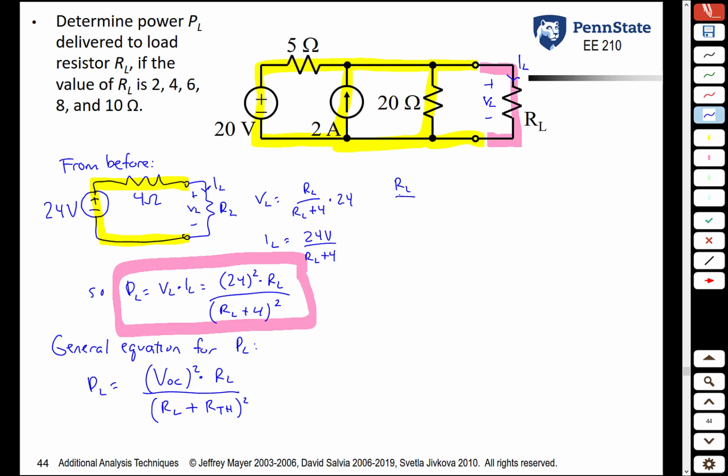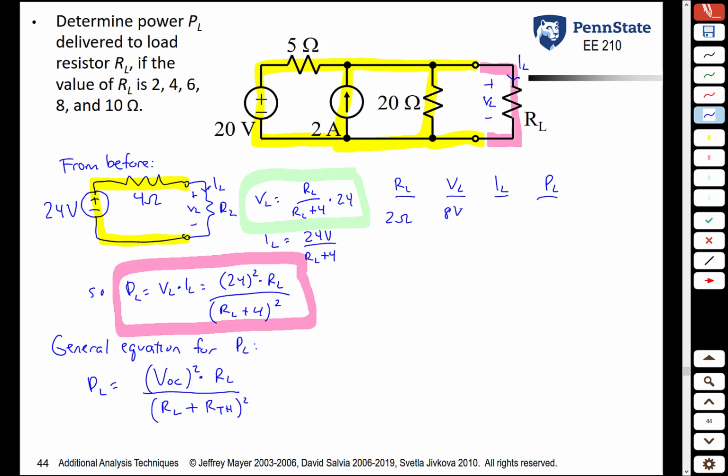So let's now plug in different values of RL into this equation here and see what our power is. We'll set up a little table. We have RL, we have the voltage across the load, we have the current through the load, and we have the power absorbed by the load. When RL is 2 ohms, we plug 2 ohms into this green equation. We're going to get 8 volts.